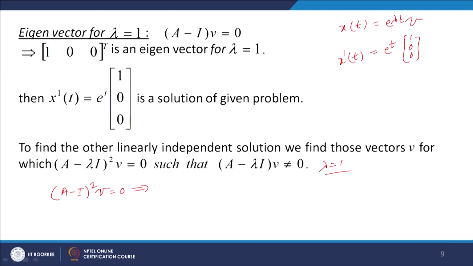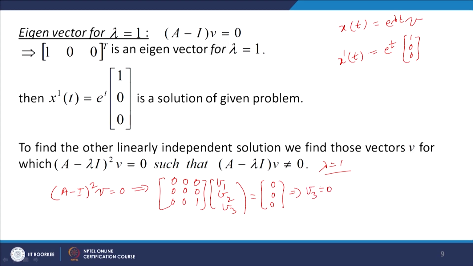So, (A minus I) whole square b equal to 0 gives you the matrix 0 0 0, 0 0 0, 0 0 1 times (b1, b2, b3) equal to 0. So, we get b3 equal to 0 and so b is equal to (b1, b2, b3), where b1 and b2 are arbitrary and we get b3 as 0 here.